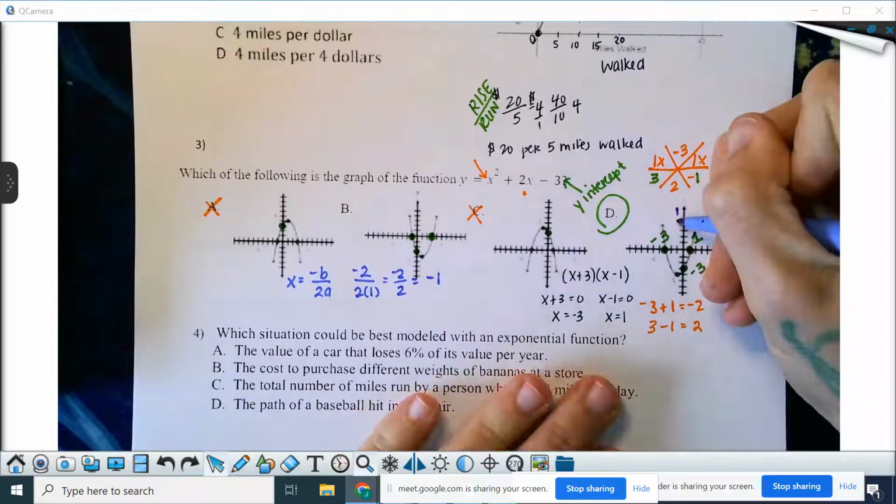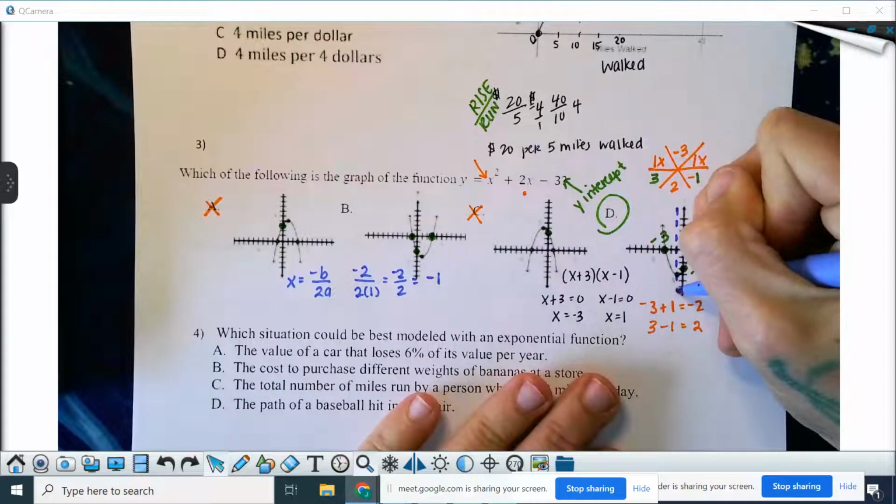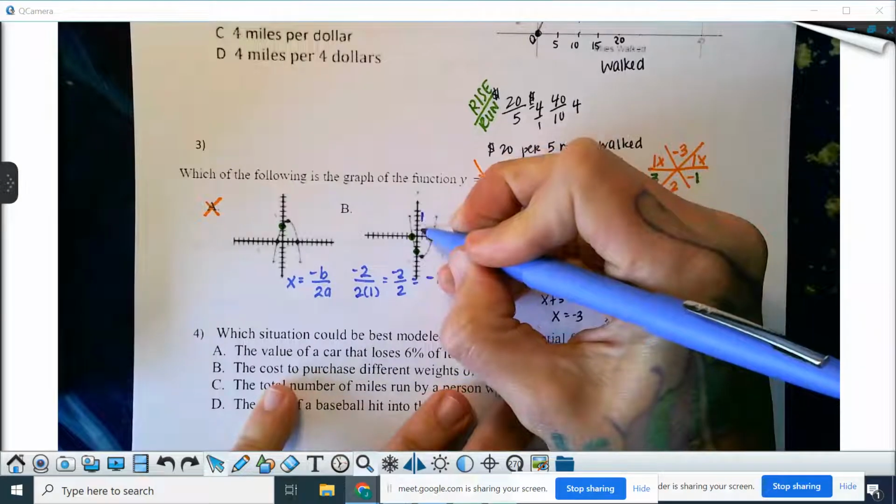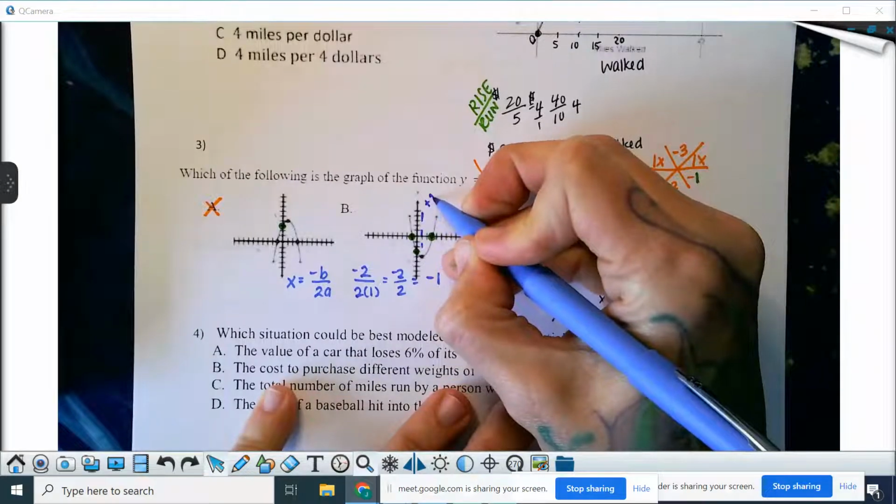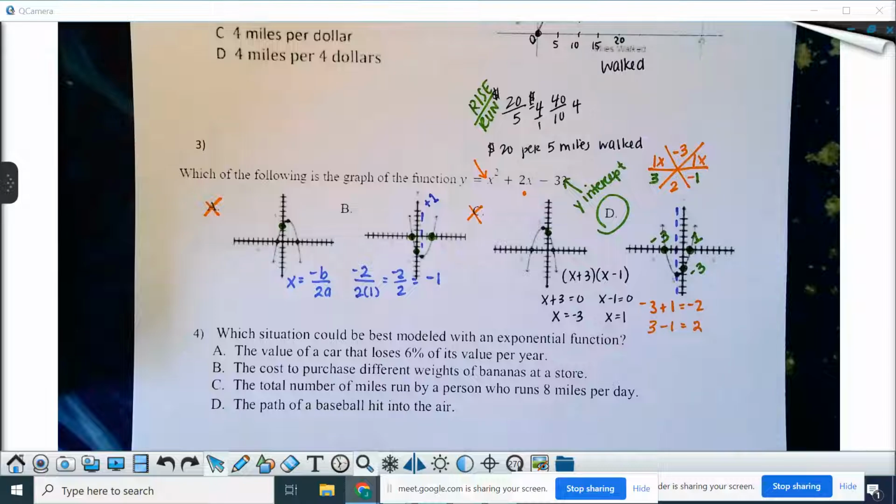And our axis of symmetry needs to be at that negative 1. And this one was at positive 1. So any of those ways, if you don't have your calculator, are the way you could find that graph without a calculator. So you could do it by your y-intercept, your zeros, x-intercepts, root solutions, and or your axis of symmetry.